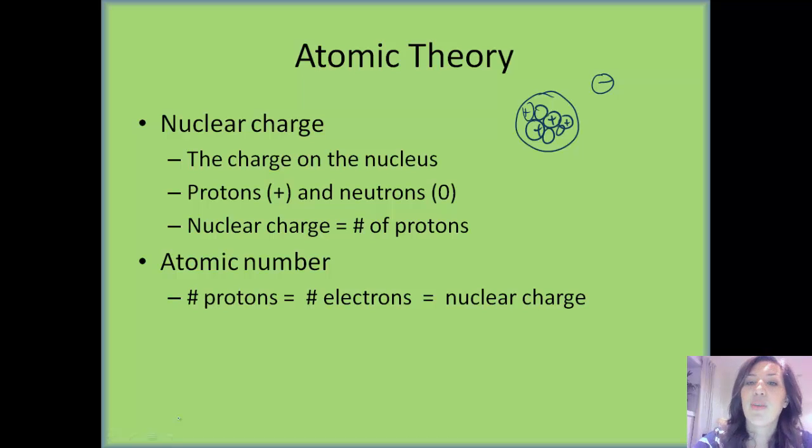So in this case, there are 1, 2, 3, 4, so the nuclear charge would be 4. And the atomic number is another way of expressing this nuclear charge, and that is just the number of protons. And because atoms have a 0 net charge, the number of protons and electrons are equal, and this is another way of saying the nuclear charge.